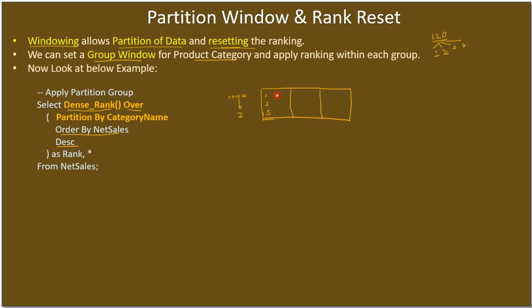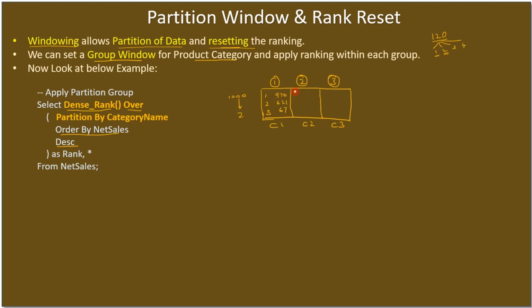Say, for example, 970, 621, and 67. When it comes to the second group, there are 3 groups, and these groups are decided by the PARTITION BY category name. So this is category 1, category 2, and category 3.